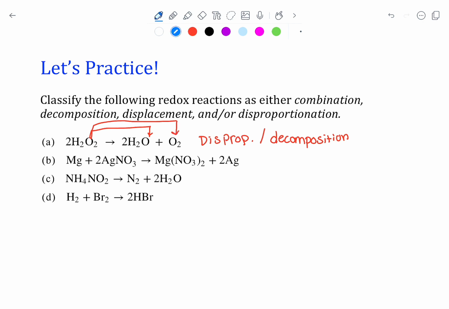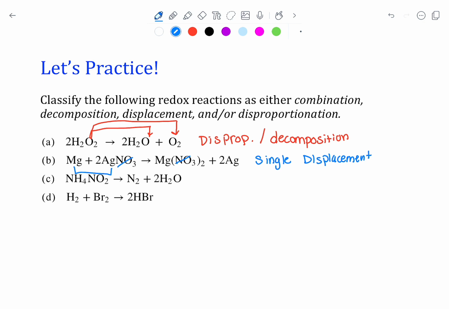Our second example is going to be our single displacement, because the manganese and the silver are switching places and the nitrate is doing nothing. So they're swapping places and displacing each other.